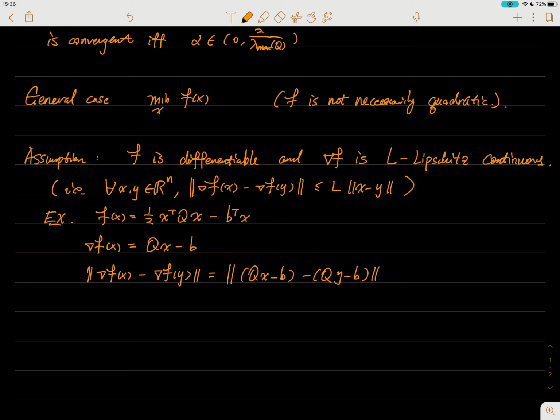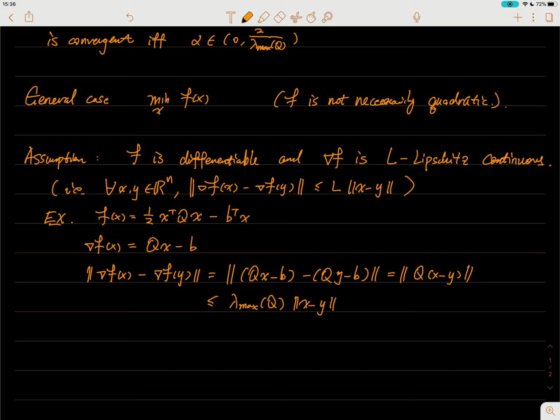And as you can see, the b's are cancelled. We'll just have Q times x minus Q times y. So I put them together, I will just have this. Okay, and you know that this is just bounded by the maximum eigenvalue of Q times the norm of x minus y. Right?